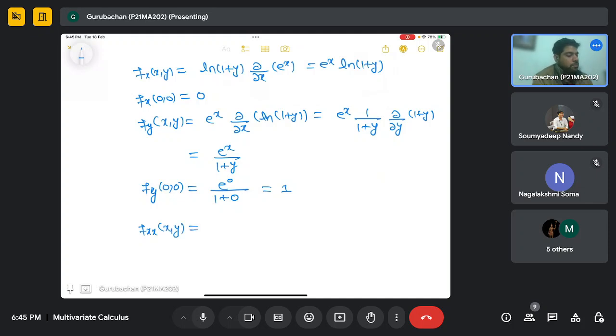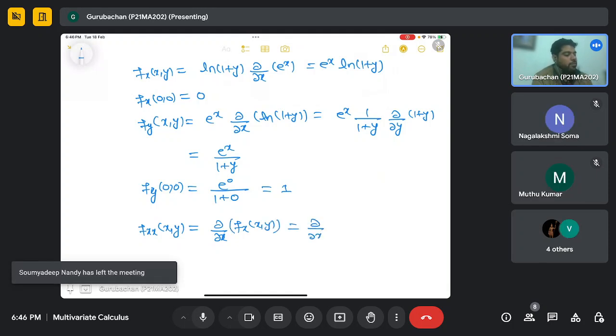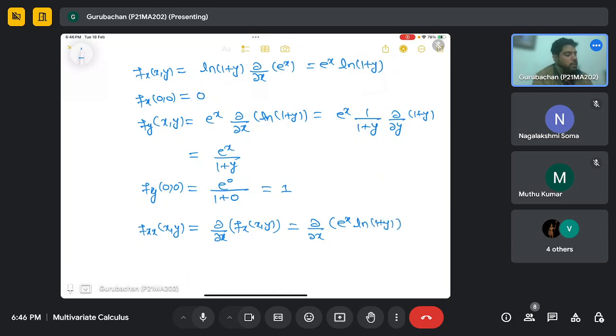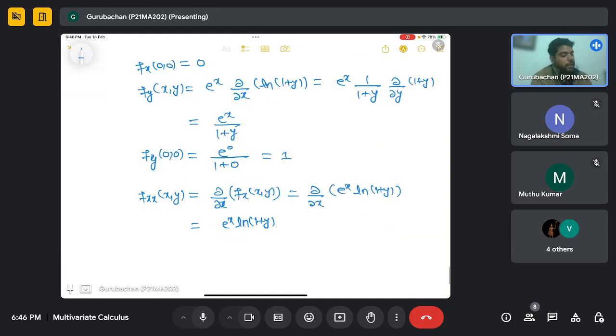So what is the definition of this? This is fx of (x,y), partial derivative with respect to x of e to the power x ln(1 plus y). This is equal to again e to the power x ln(1 plus y), and fxx at (0,0) will give you 0.